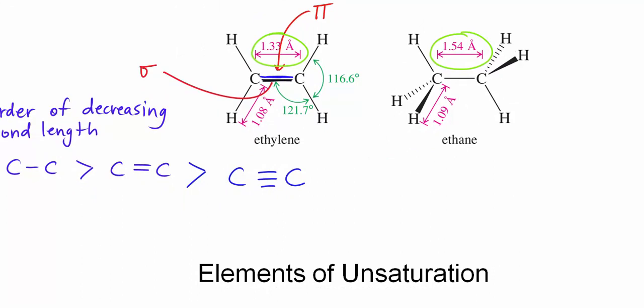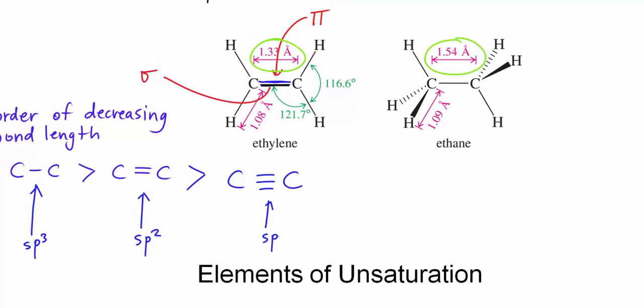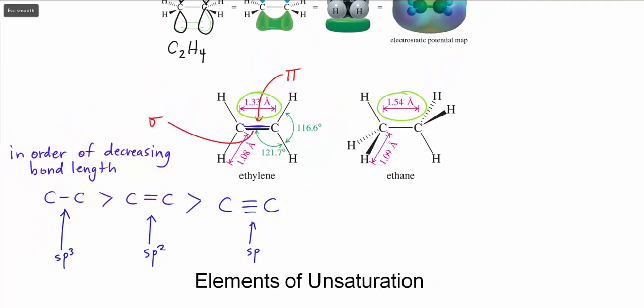So as we add these unhybridized p orbitals, this is sp, this is sp2, and this is sp3, our bond lengths get shorter.